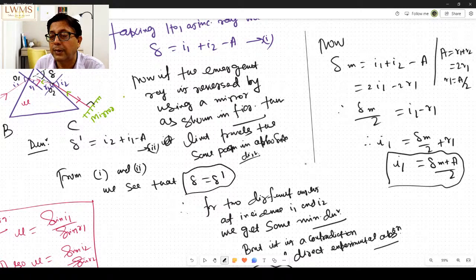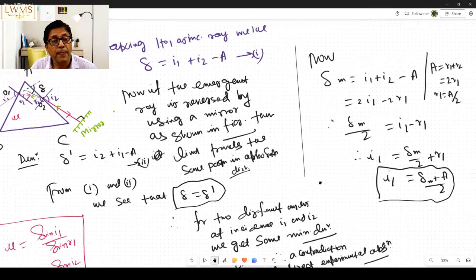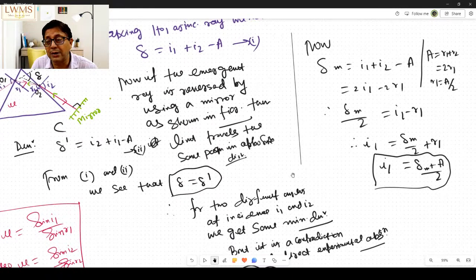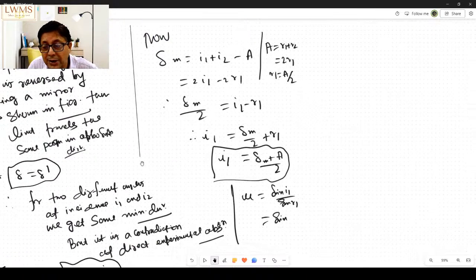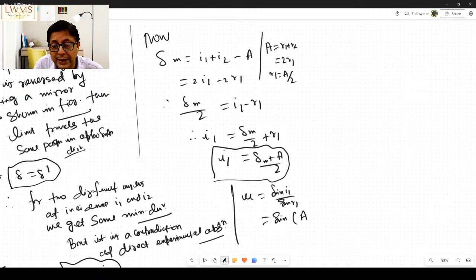Delta M plus A, divided by 2. I told you it will help some other way also: I1, R1 you got. Now mu equals what? Sin I1 by sin R1. Sin I1 is sin of A plus delta m by 2, and R1 is A by 2.